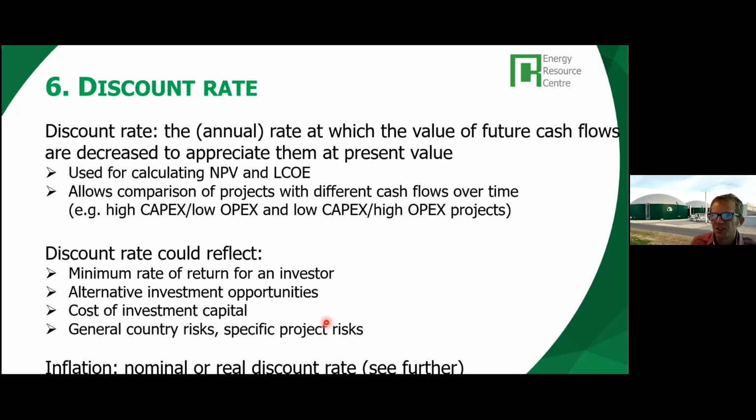The second point is what alternative investment opportunities exist. So what else could you do with the money that you have available for investing? For example, you could perhaps put it in a bank account if there's any interest that you can expect there, and that might be an alternative opportunity, even though in practice it can be quite small returns.